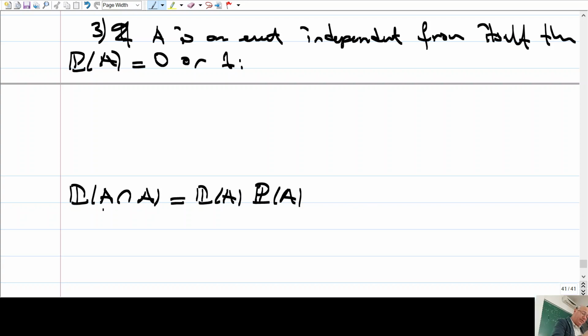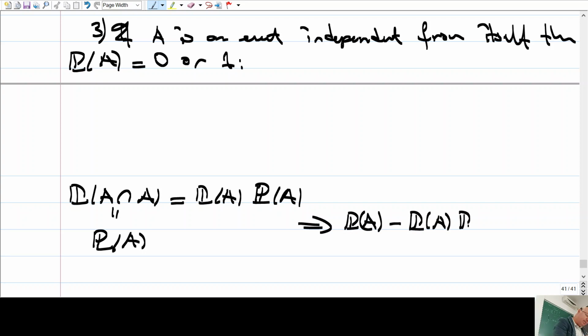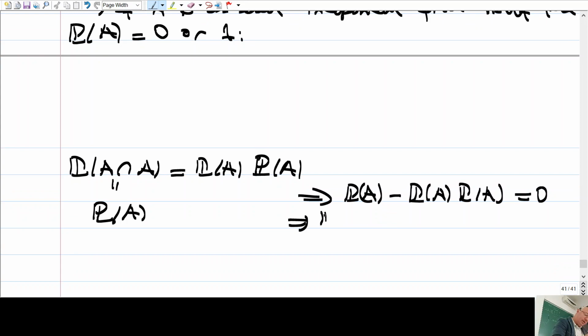But on the other hand, this is just PA, of course, because A intersection A is A. Therefore, we see that PA minus PA times PA is 0. Well, this means PA times 1 minus PA is 0.